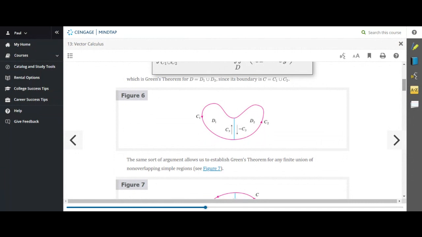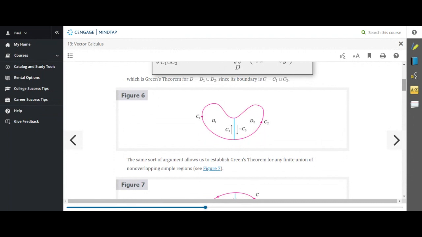In this figure 6, the regions C1 and C2 separately enclose simple regions, but the entire path C1 union C2 would not be a simple region.